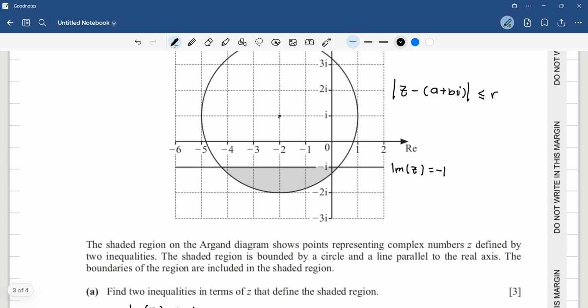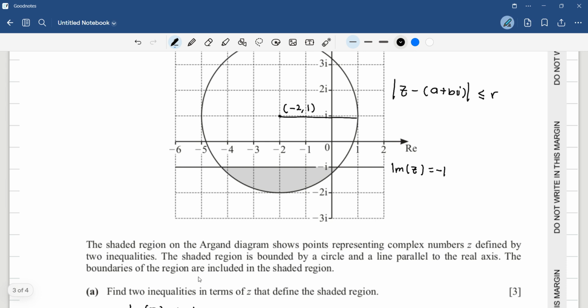For this circle, the center is here, with coordinates negative 2, 1. The radius, you can see, is 3 units.